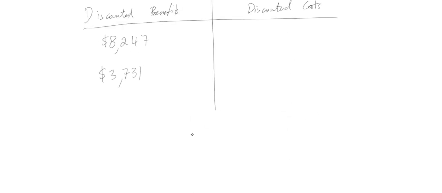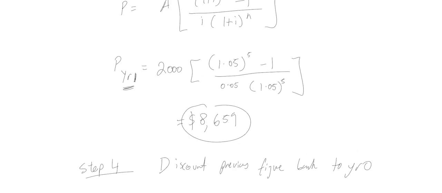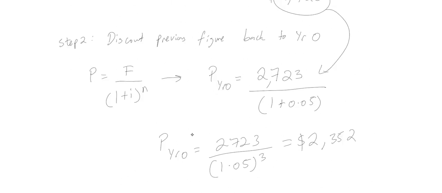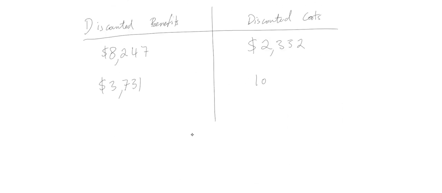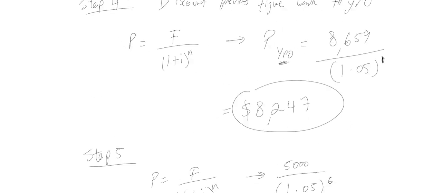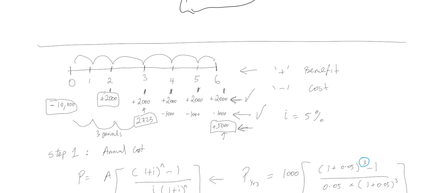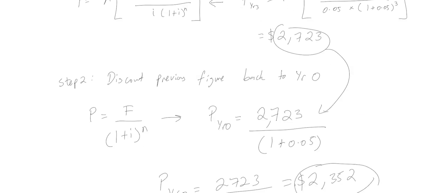Well, for the costs, I had 2352. Where did I get the 2352 from? If I go up, that's what we got from step 2. And then finally we had the $10,000, our initial cost, what we had at the start over here.